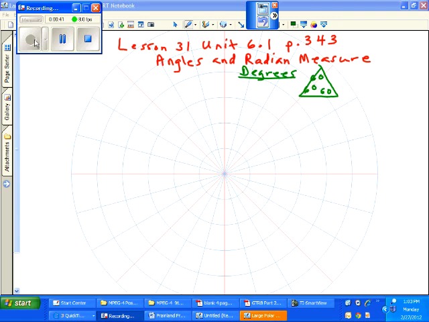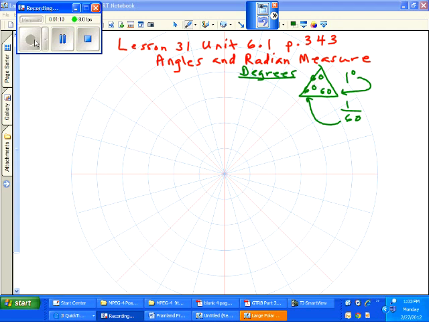And so they said, we're going to let 1 degree be equal to 1/60th of that angle right there. So they defined the size of a degree as being 1/60th of the angle size of an equilateral triangle. So that standardized for the rest of the world as we know it, what 1 degree represented.